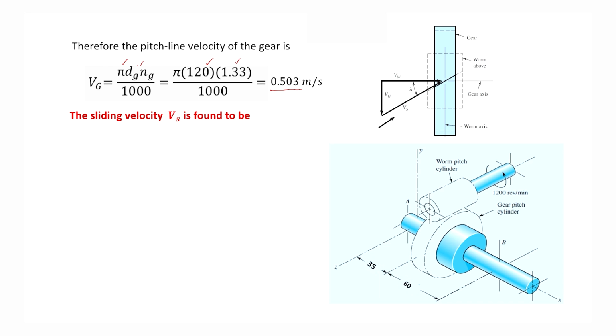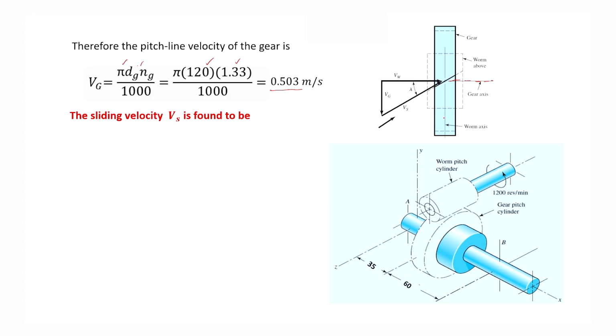from this diagram, where we have a pitch cylinder of the gear shown here, and its axis of rotation is this one. This is the gear axis, and the worm is shown by this dashed line, and the worm is above the gear.